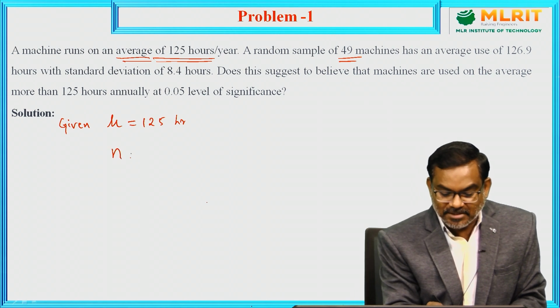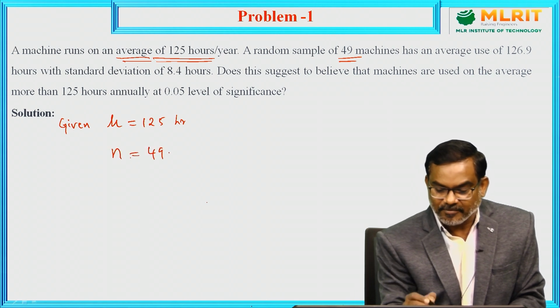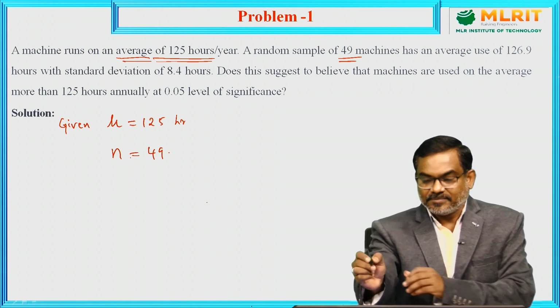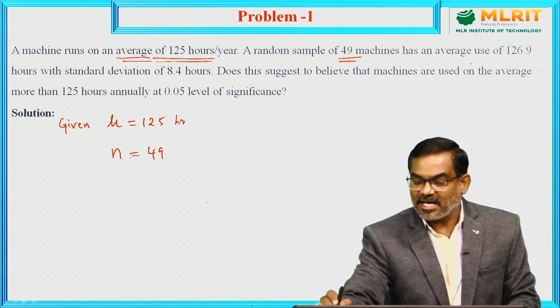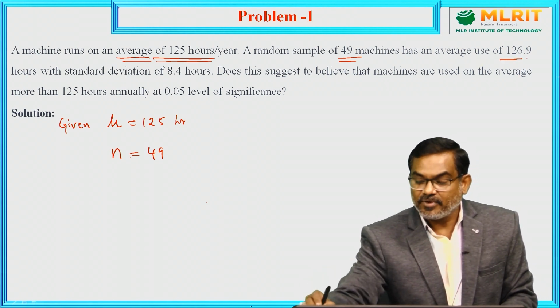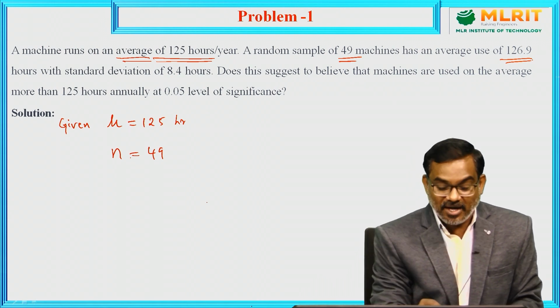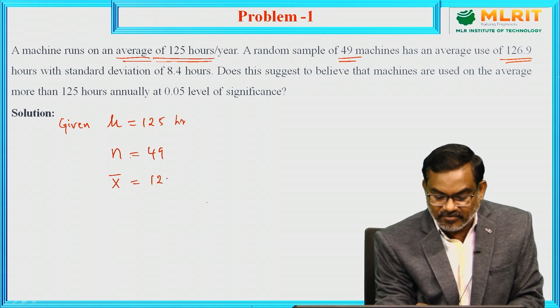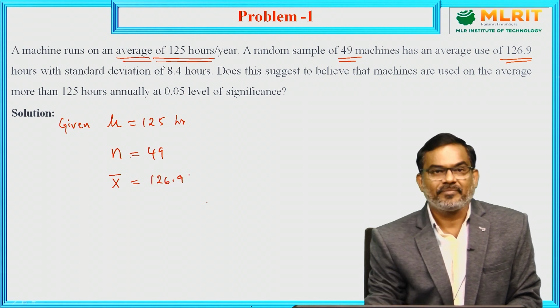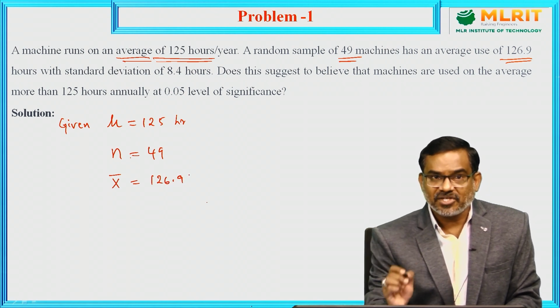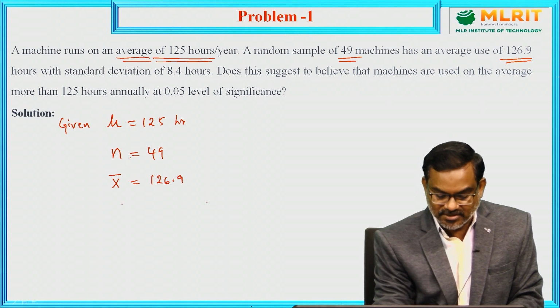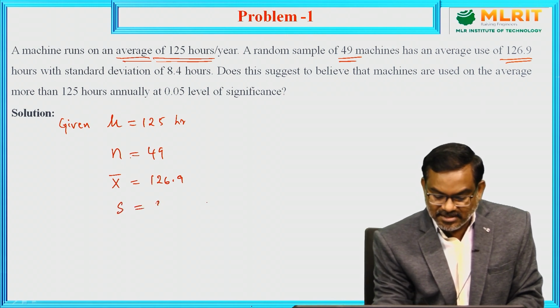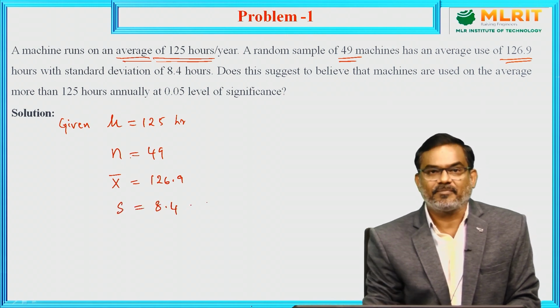So, sample size n is given 49 and then this sample has an average use of 126.9 hours. So, again the mean of the sample is given as x bar is 126.9 and with standard deviation of 8.4 hours. So, S is given as 8.4 hours.